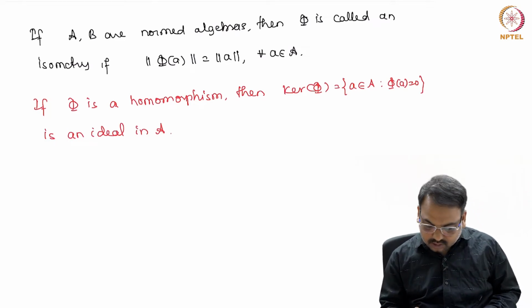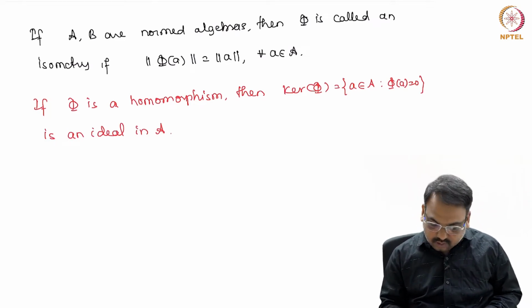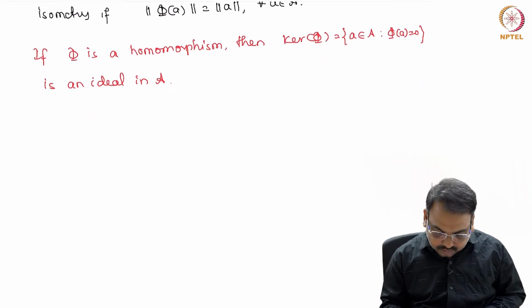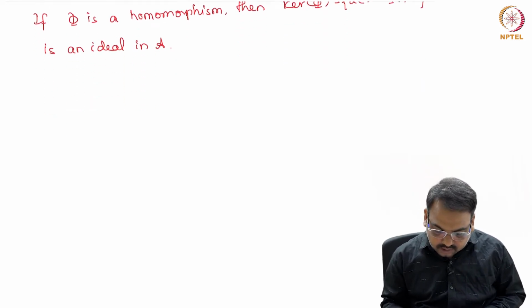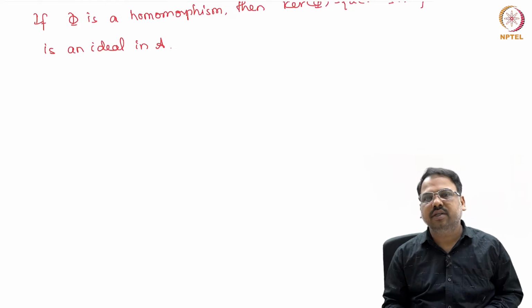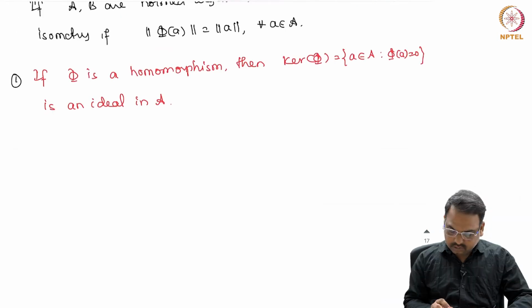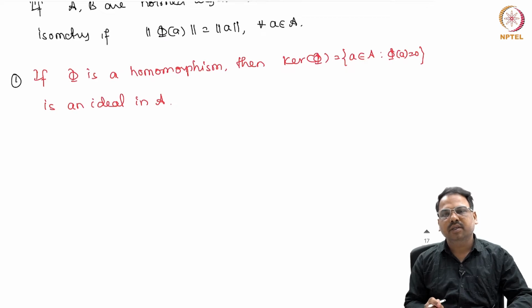That means the kernel of a homomorphism is an ideal. Okay. So if phi is a homomorphism, then we can show that phi preserves invertible elements. Next, we can say that if phi maps the unit element into the unit element, then it sends invertible elements into invertible elements.